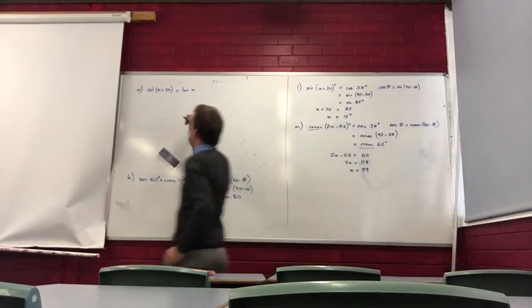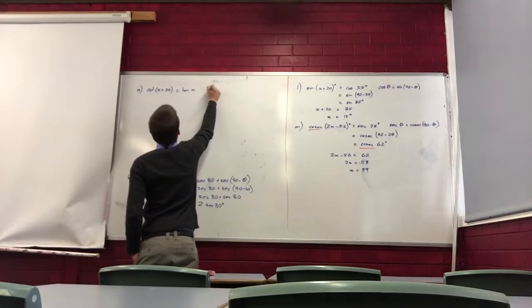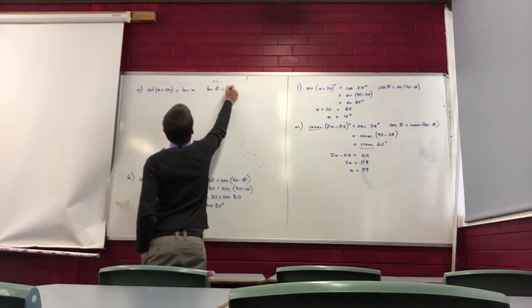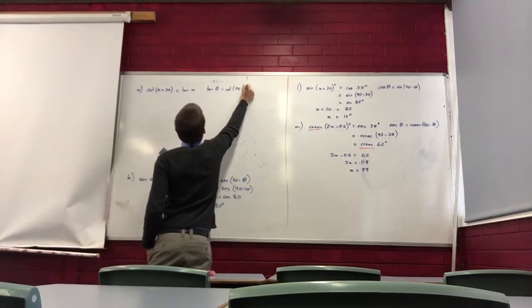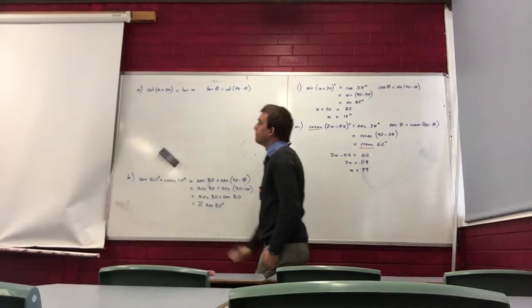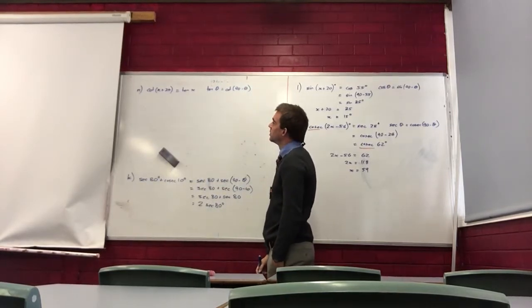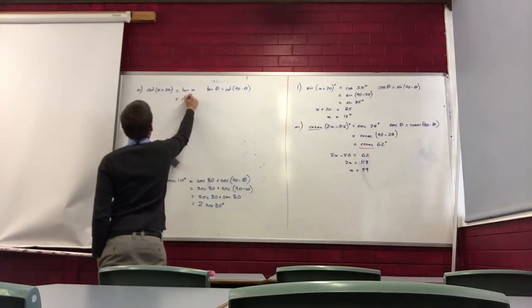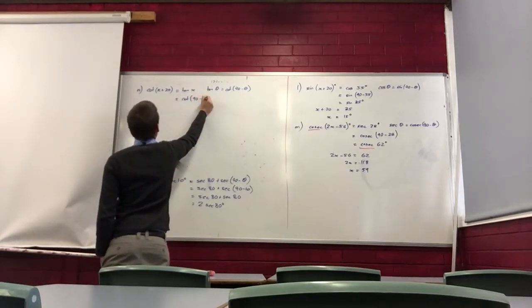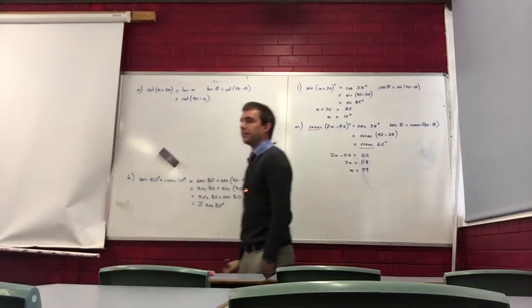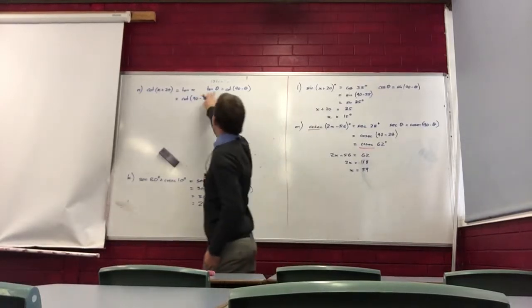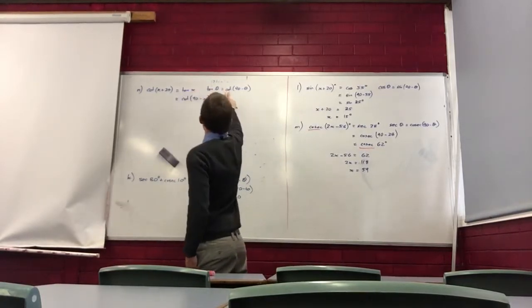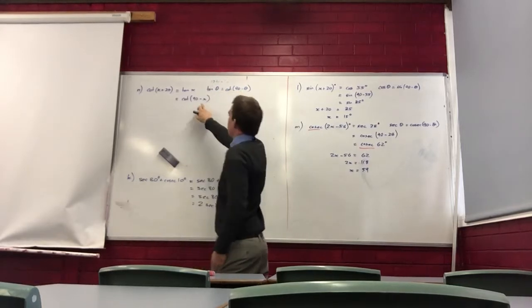So we're going to change that tan. The relation for tan theta is cot of 90 minus theta. And now theta is x. So cot of x plus 24 is going to be cot of 90 take away x.